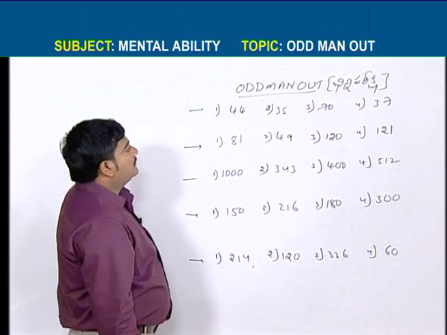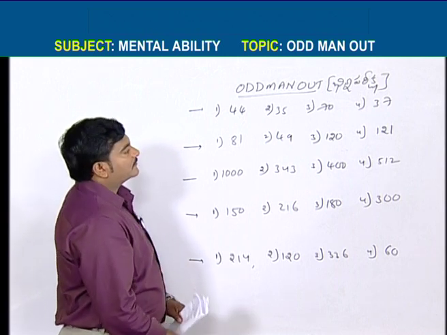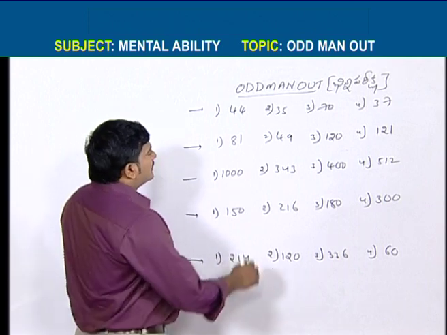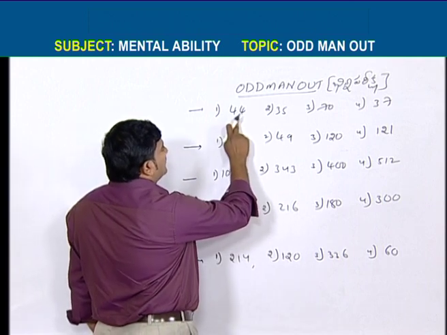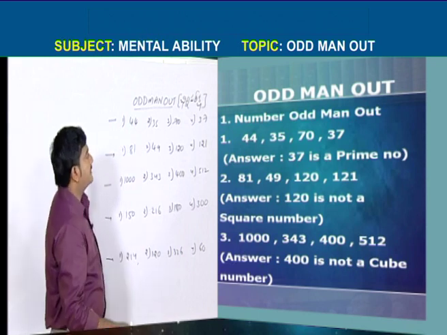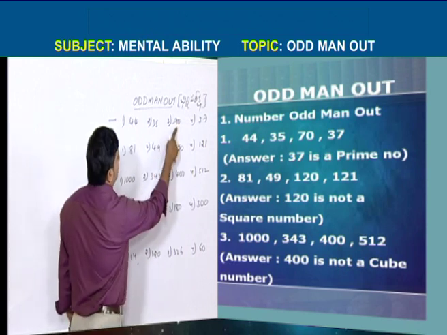44, 35, 70, and the fourth one, 37, is given. One thing is clear here: 44 is an even number, but the concept is 44, 35 and 70.